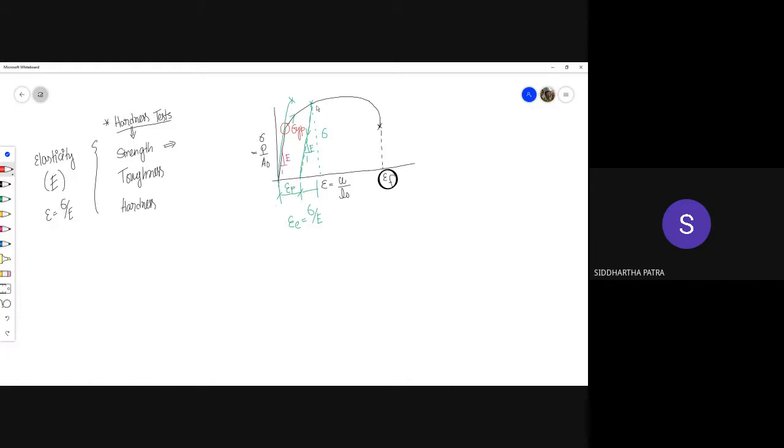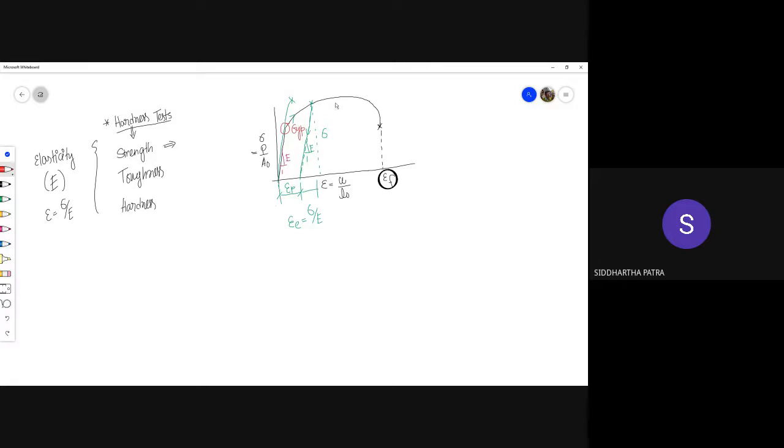Actually, there are a couple of different stresses, or maybe more than that. So there is yield point, there is elastic limit, there is proportional limit, but those stress values are quite close and can be represented with a single stress value. And for most practical purposes, that can be taken as the yield point.